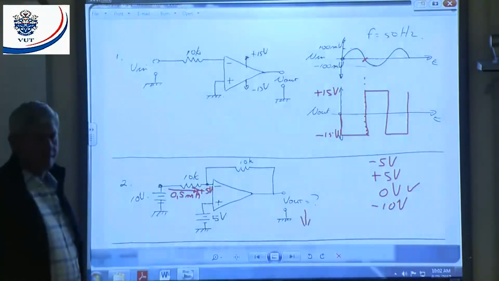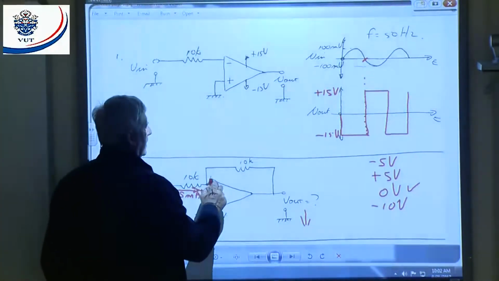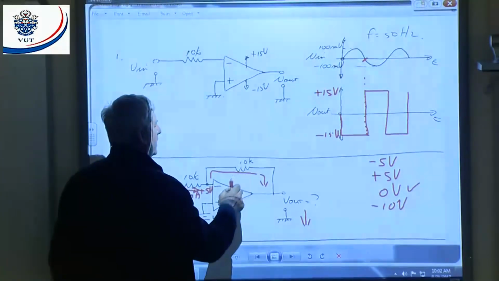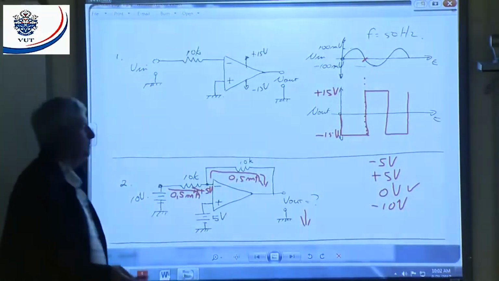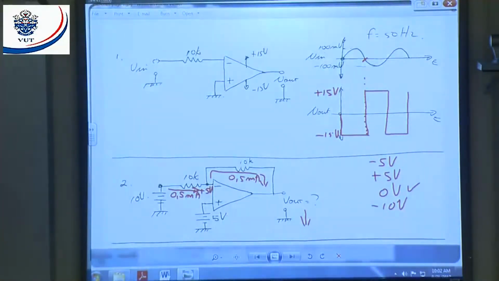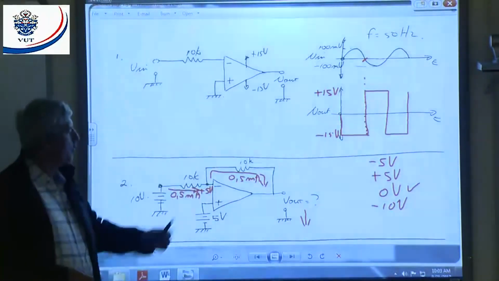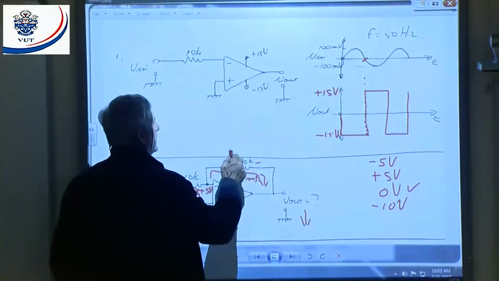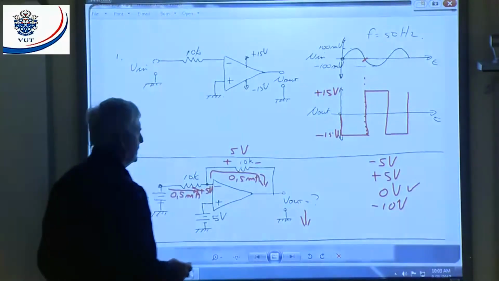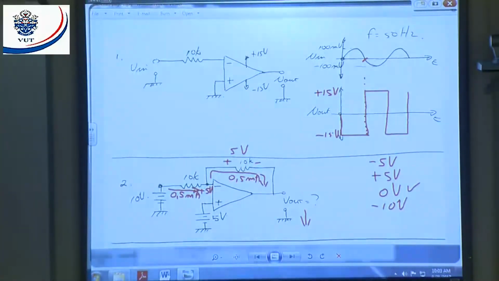This current here should also be 0.5 milliamp, if the op-amp is not saturated. You with me? What will the volt drop be across the 10K? It will be positive there and negative there, a 5 volt drop. Now what must my output be to give me a 5 volt drop? The output must be 5 volts negative than that. What is the correct answer?